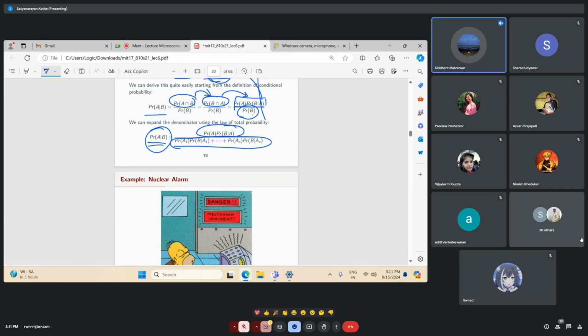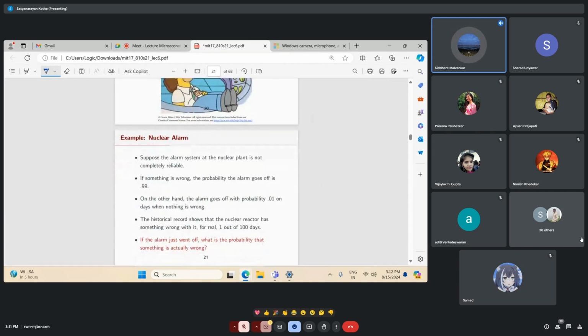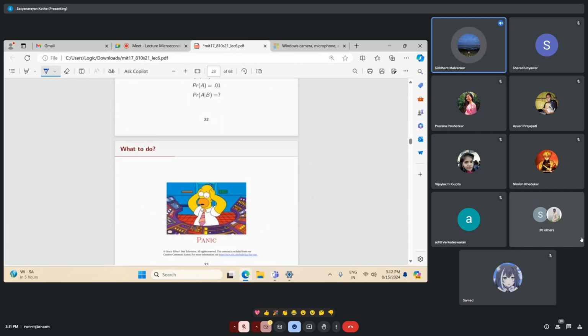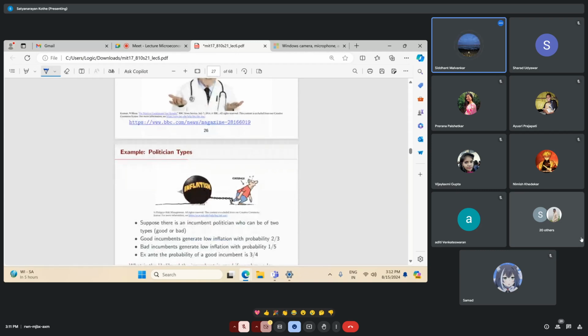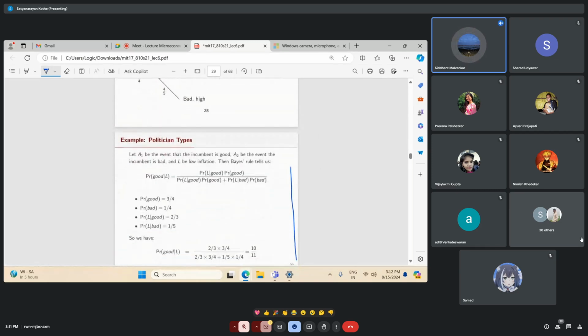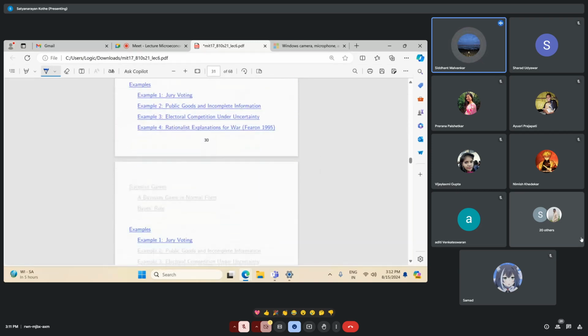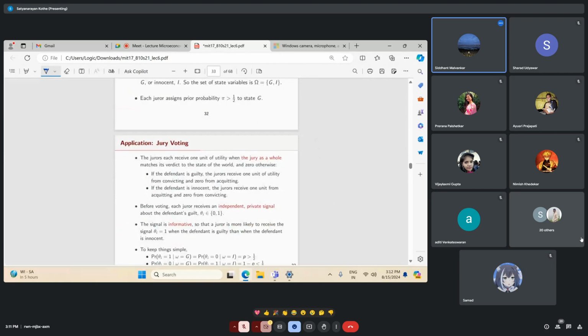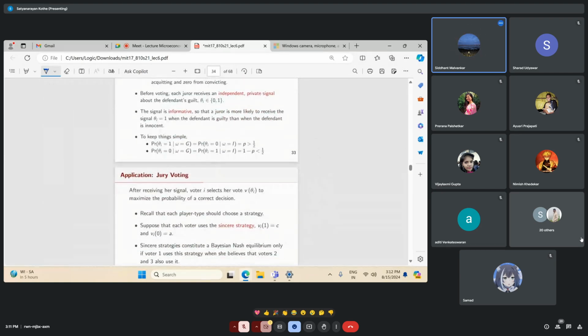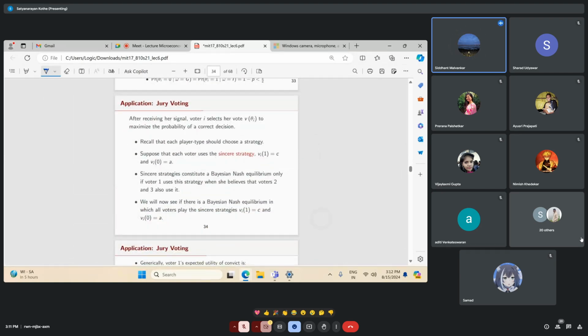Based on this, this whole Bayes rule is defined, and then the idea is expanded to form the normal form game. There are many examples. You can go through all of them.